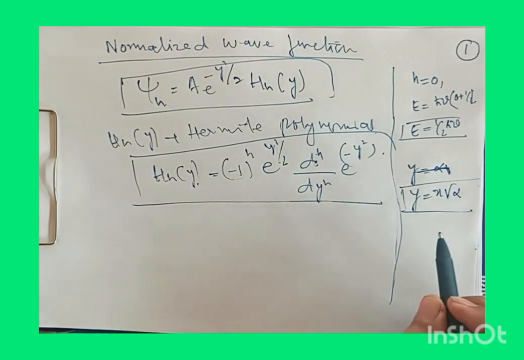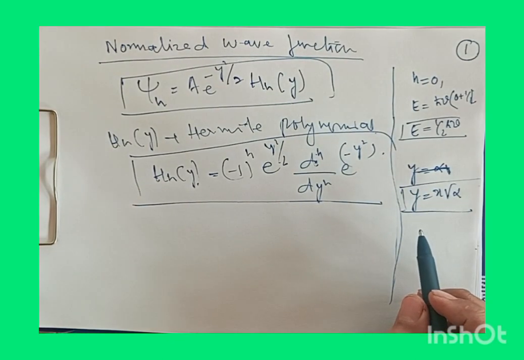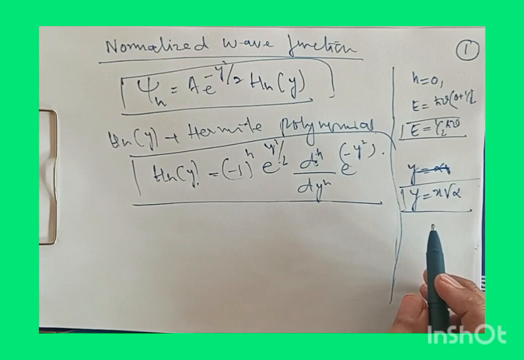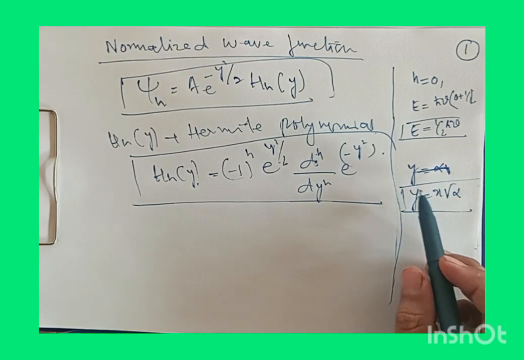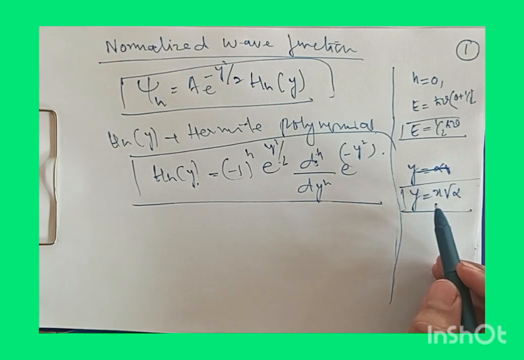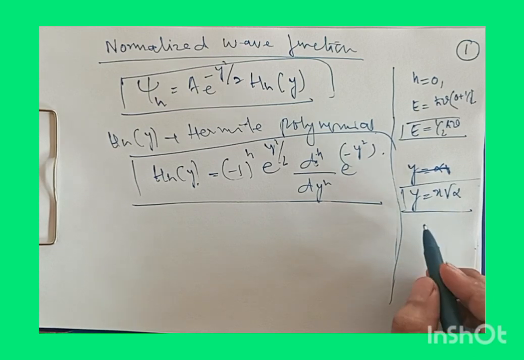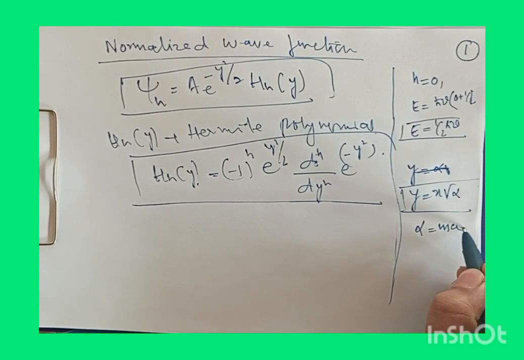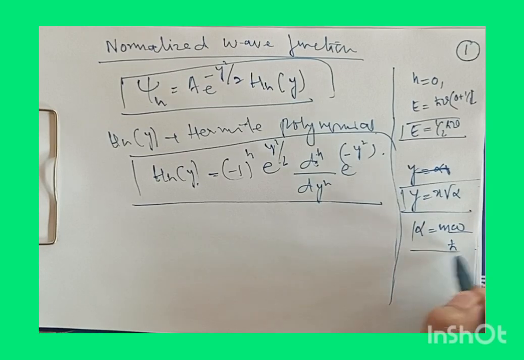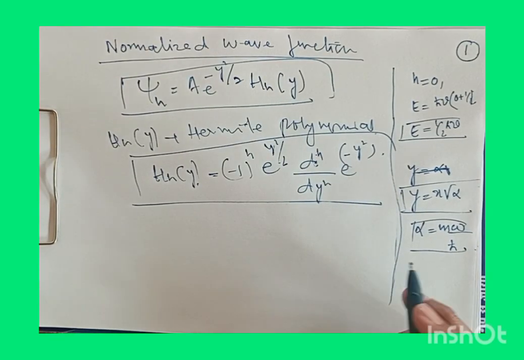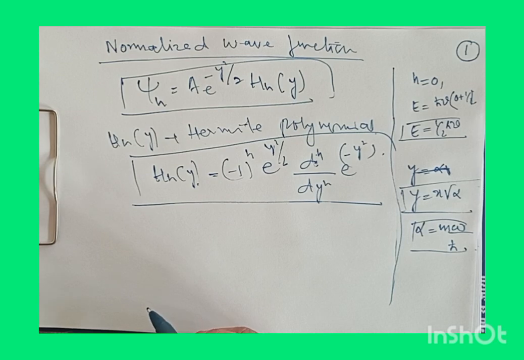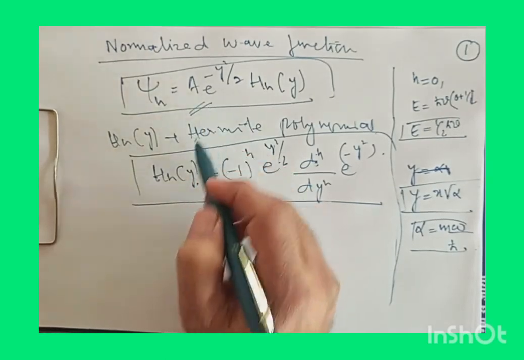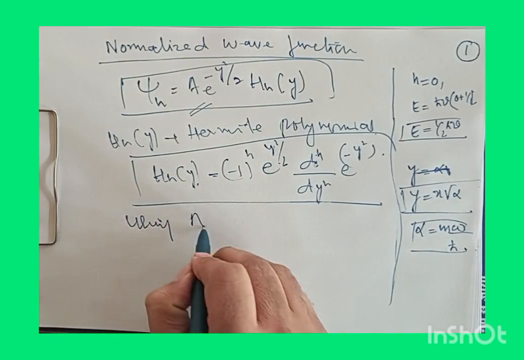We took this assumption in the previous video, where we came up with the eigenvalue solution of the harmonic oscillator, and from there we have the correlation that y is equal to x under root alpha, and we also know that alpha is chosen there as m omega by h cross. So these are the two important equations, and when we normalize this wave function, all we do is find this A using normalization.